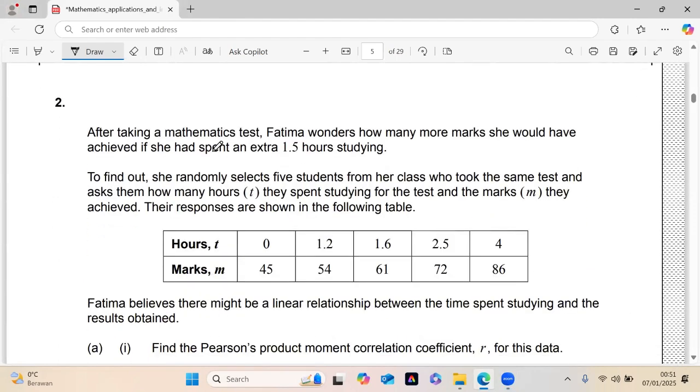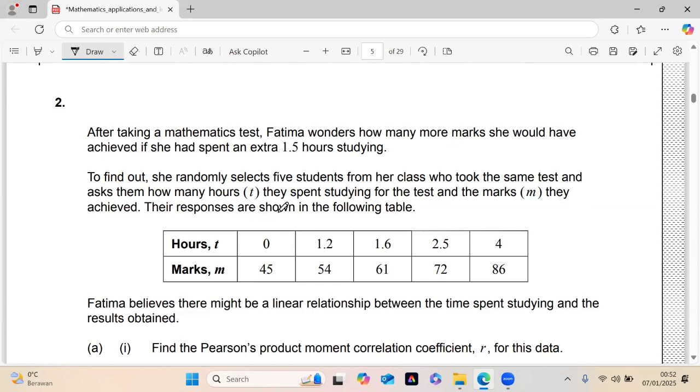Two, after taking a mathematics test, Fatima wonders how many more marks she would have achieved if she had spent an extra 1.5 hours studying. To find out, she randomly selects 5 students from her class who took the same test and asks them how many hours they spent studying and the marks they achieved.